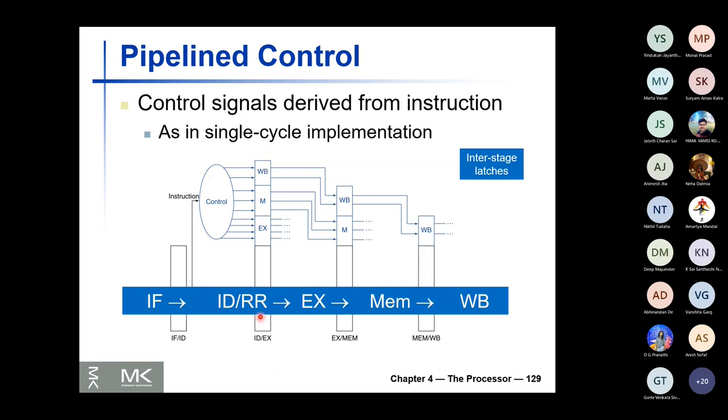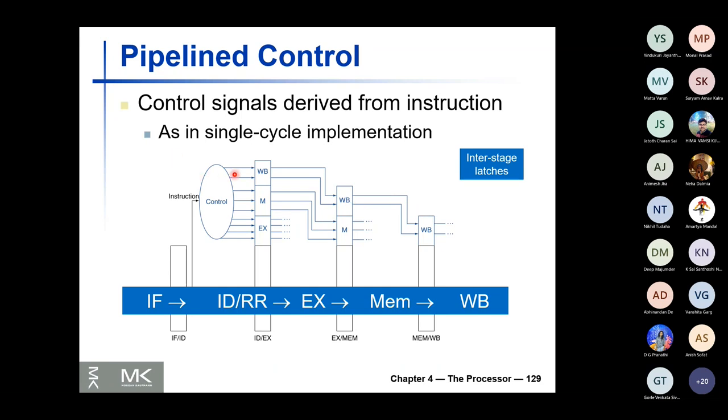Now, since you have these pipeline stages or interface registers, the control information is also passed through. So these are the different portions of control signals you need here. As you cross the pipeline, for example, this is the execute stage, and as we cross this, this information is no longer required, only these two portions will be required.